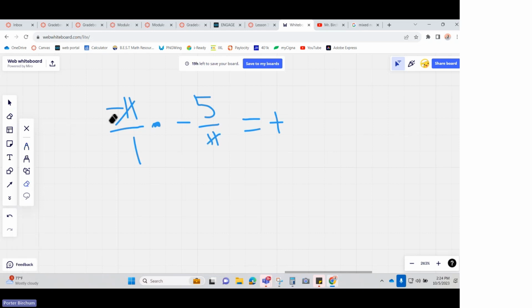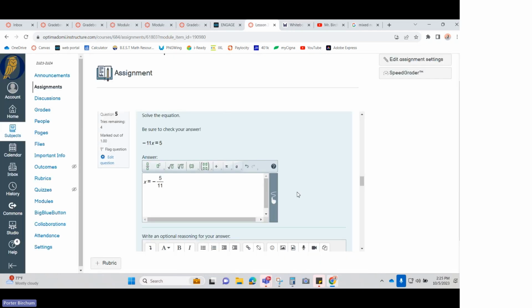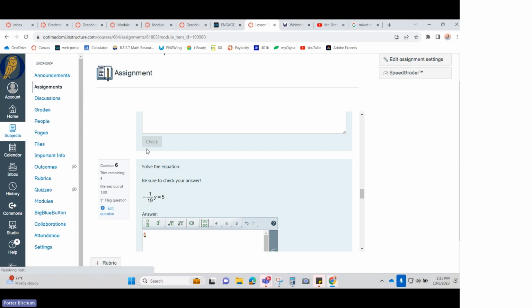That would be 55 on top of 11. Going too fast. So positive 55, because 11 times 5 is 55. 11 times 1 is 11. And that simplified would be the number 5, which is our answer. So, yay, the power of checking our work. Woo-hoo.